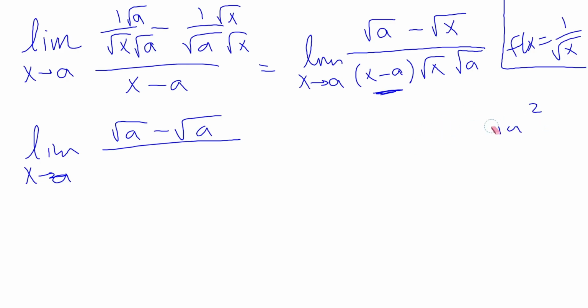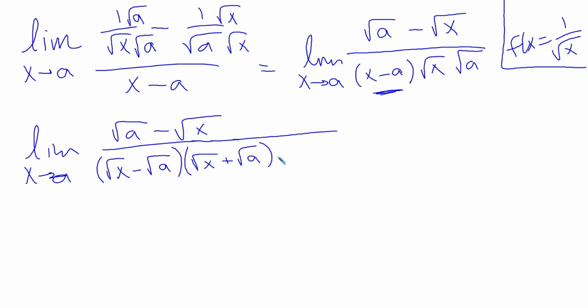So let's just do that. And as I look over here, I realize I wrote a for both of those, but obviously it's not an a for both of those. The first one was an a, the second one was an x. So this now factors to root x minus root a and root x plus root a.